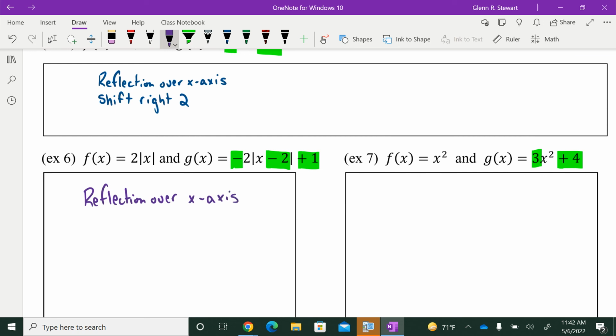All right, how about the minus 2 on the inside? Anyone else want to give it a try? Go ahead. Move right 2. Good. Shift right 2. And then the 1, Brady? Up 1.